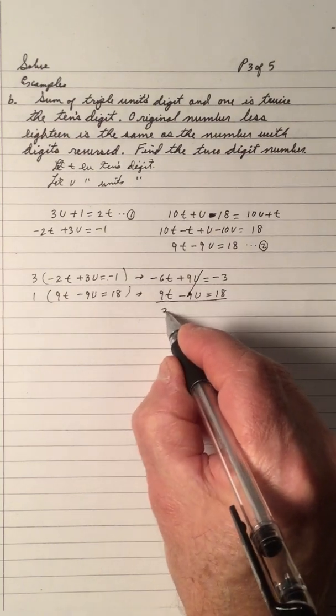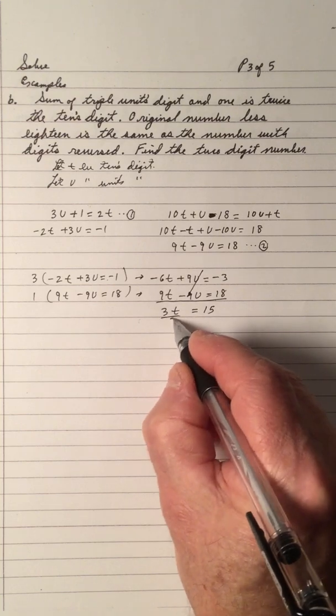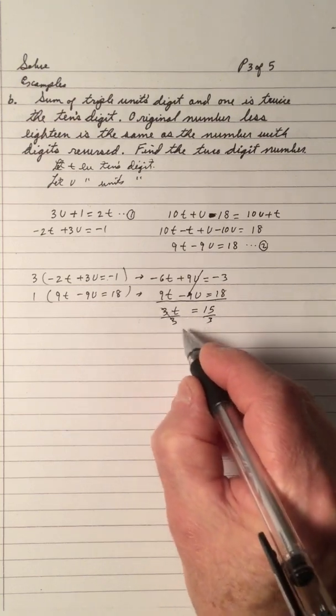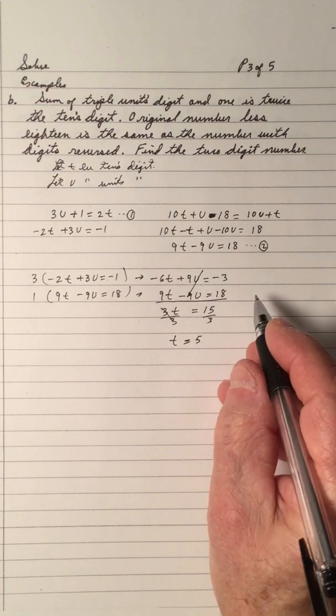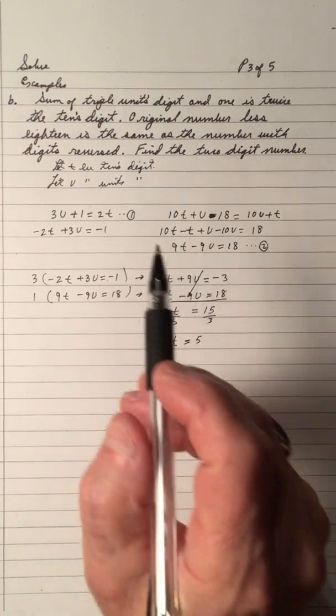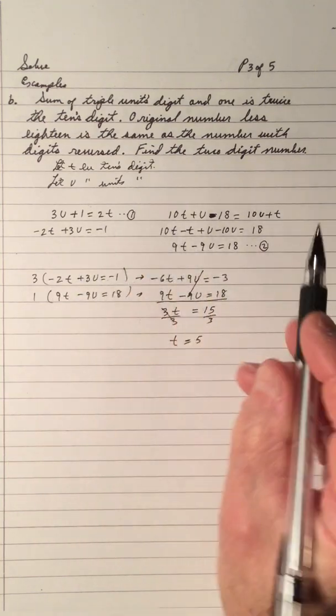And when I add, I get 3t equals 15. Divide by 3, and they cancel to get 1. I get the tens digit to be 5. Now I have a choice. I can put it back in here, or I can put it back in here, or I can put it back where I want.